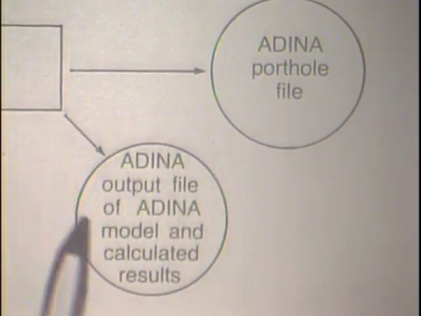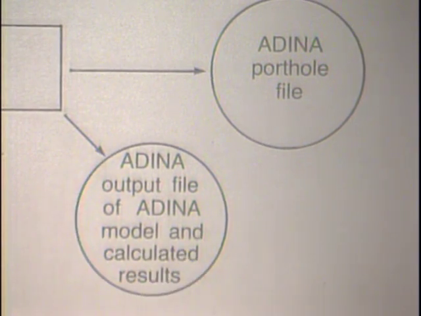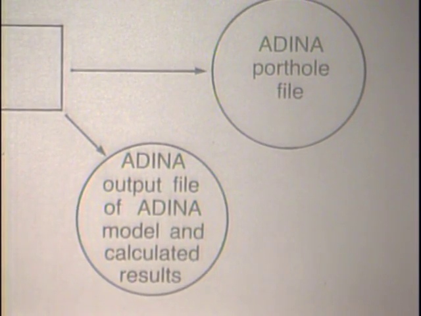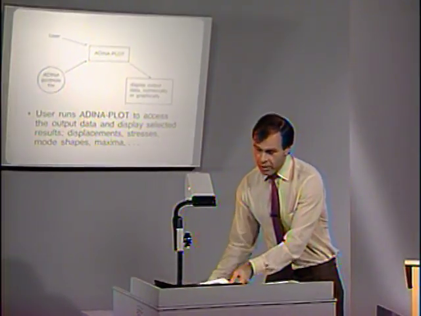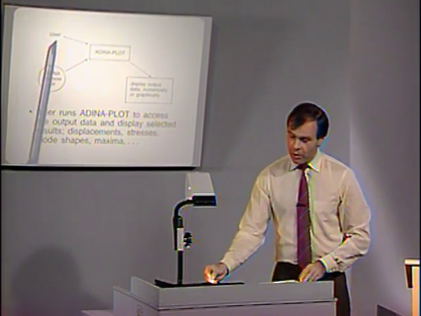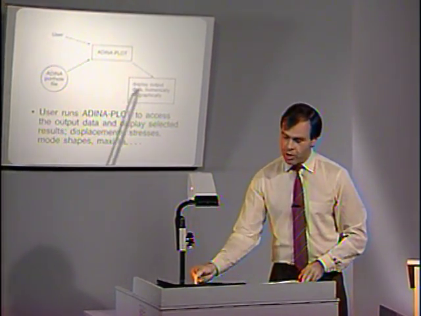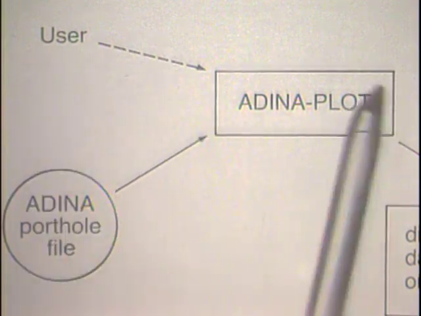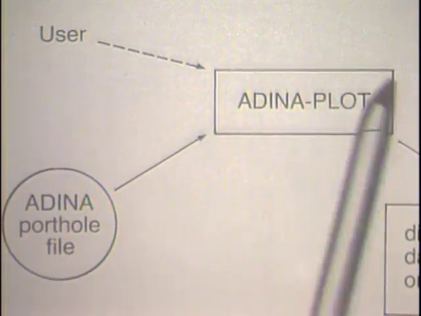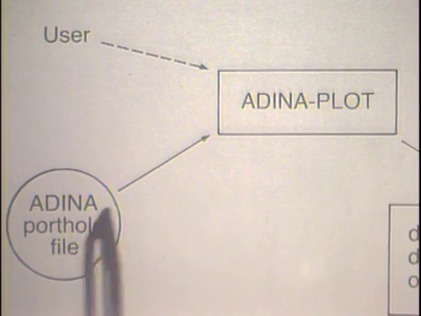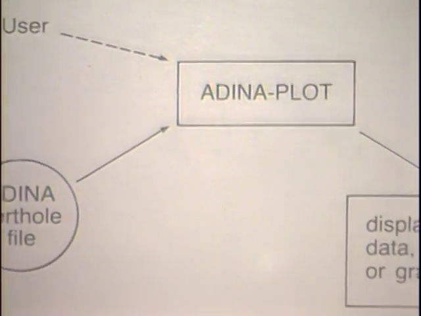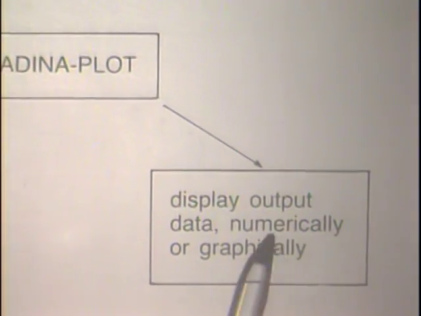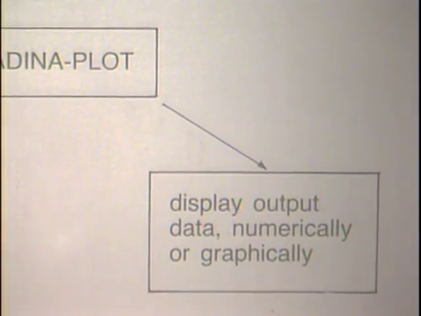We can, of course, also look at the output file and see numerically the data that was calculated using ADINA. Here we have the action shown schematically: the user goes into ADINA-PLOT to fetch data from the ADINA porthole file, and then ADINA-PLOT displays those data either numerically or graphically.